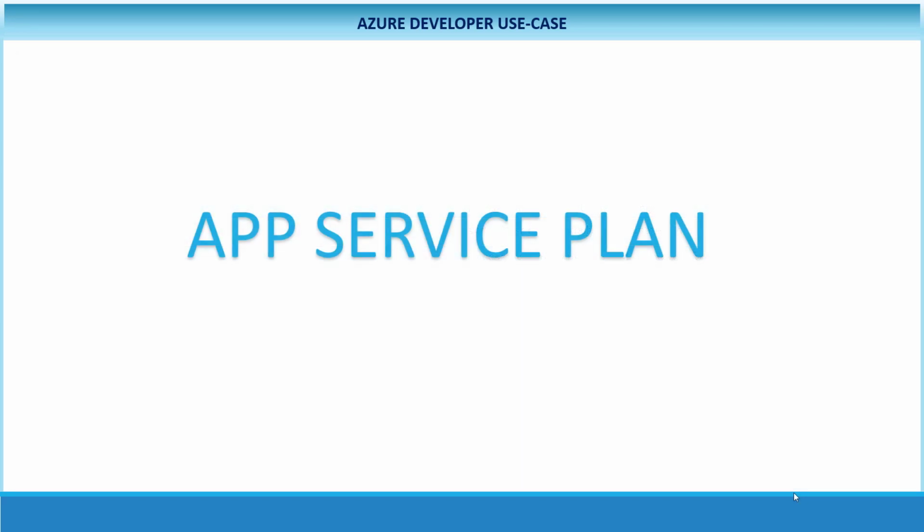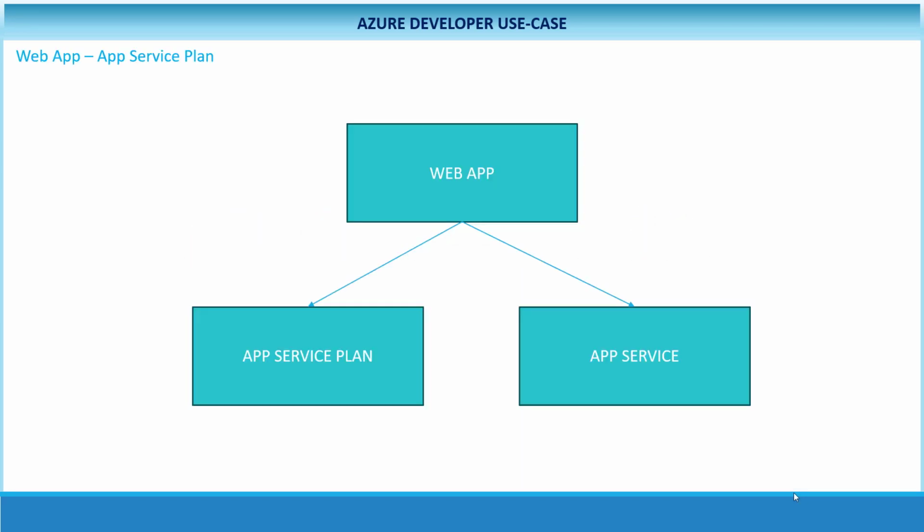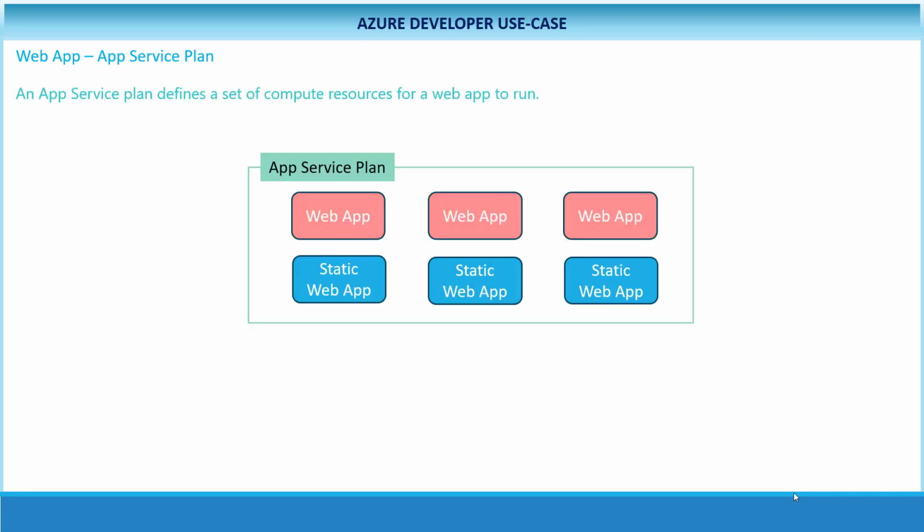App service plan. When we are developing a web app, we should have an app service plan. So web app is basically having app service plan and app service. What is app service plan? An app service plan defines a set of resources for a web app.